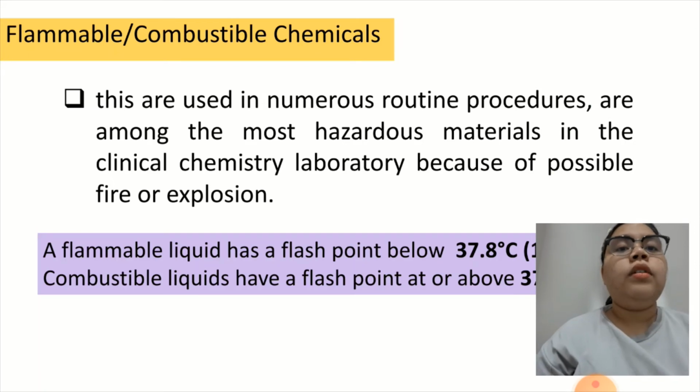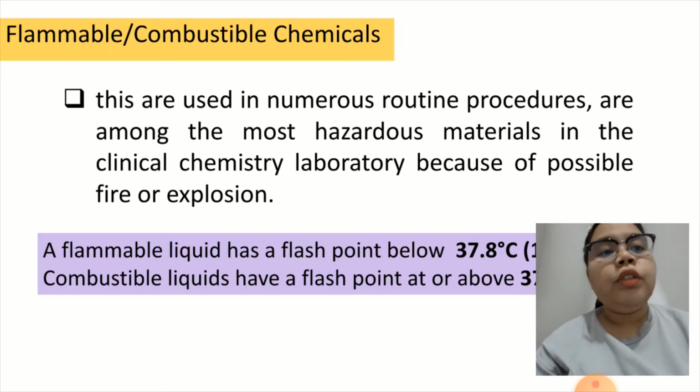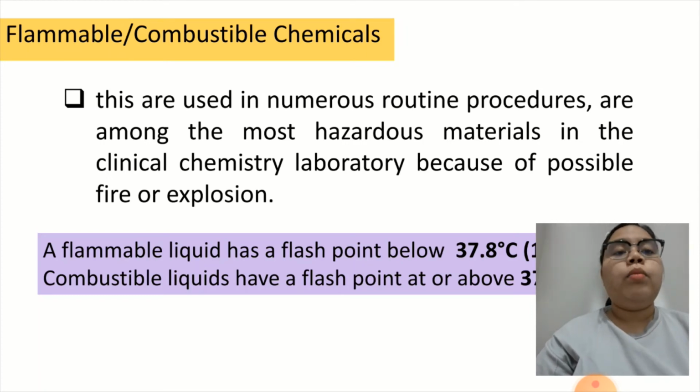So flammable and combustible chemicals are used in numerous routine procedures and are among the most hazardous materials in the clinical chemistry laboratory because of the possible fire or explosion. They are classified according to their flash point.